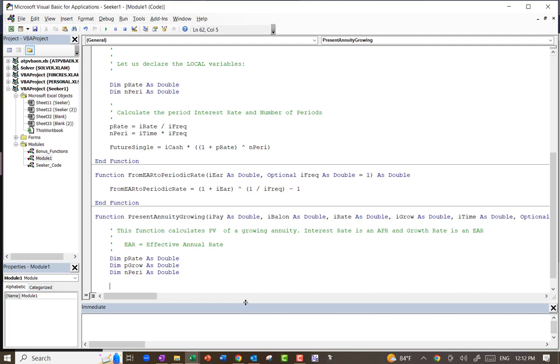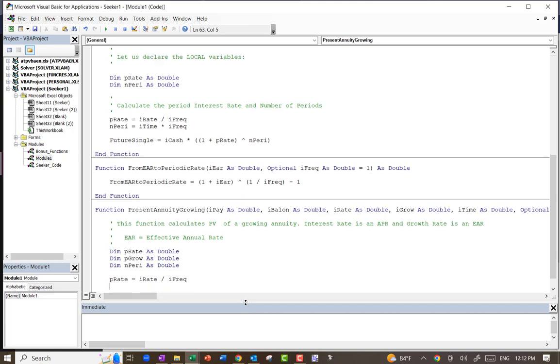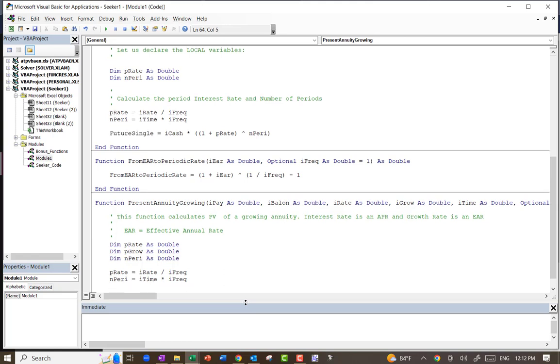So I'm going to, yes. Hold on to your horses. From year to periodic rate function, in fact, when you use it in VBA, it already tells you what the syntax is. The first argument is the effective annual rate, which happens to be iGrow. And the second one is iFreq.